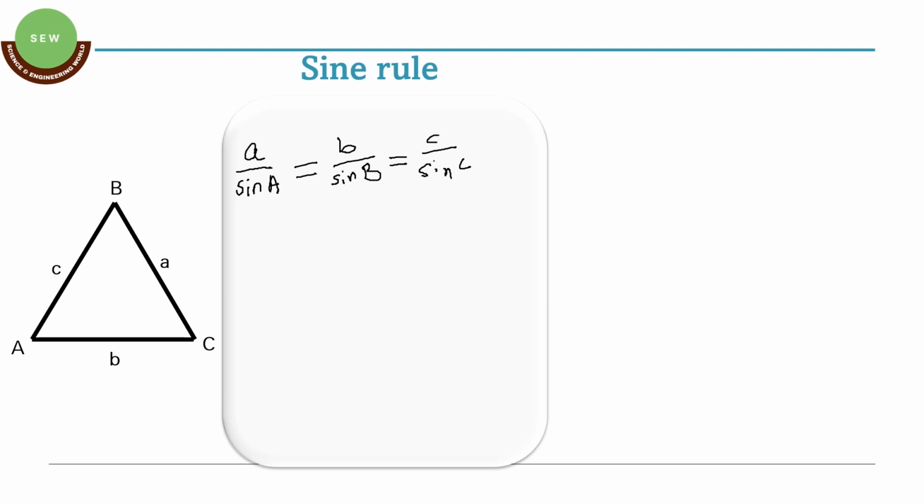However, if you are looking for the angle, then it's easier to put the angle at the numerator, like sine A over a will be equal to sine B over b, which will also be equal to sine C over c. You see that they are almost the same thing, and just for convenience's sake, that is why you put one as numerator and the other as denominator.